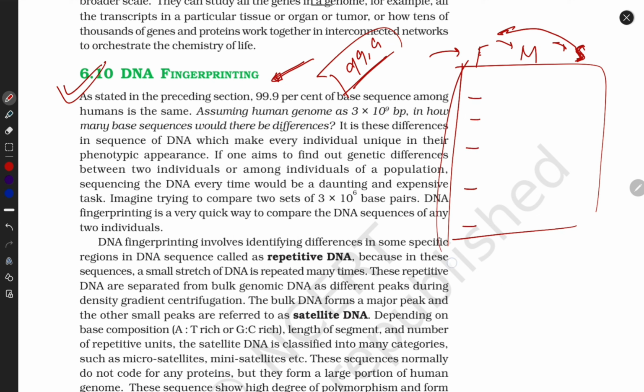The bands from the father and from the mother are different because they have different features. We know their DNA is 99.9% the same, but how do we conclude that yes, this is the son of this father and mother? They have this kind of arrangement.